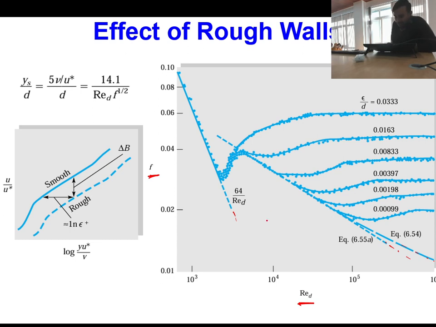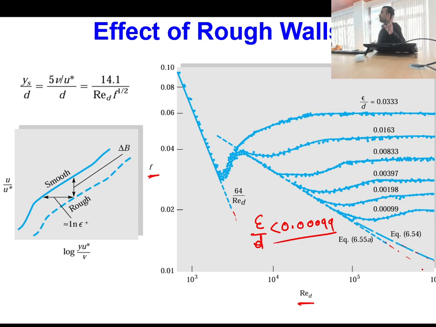When epsilon by d is less than 0.00099, the friction factor correlations of smooth pipe are followed by the experiments of Nikuradse.